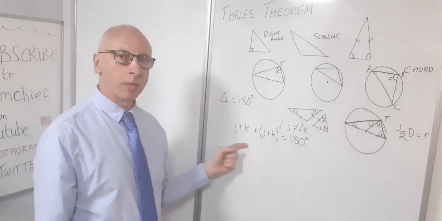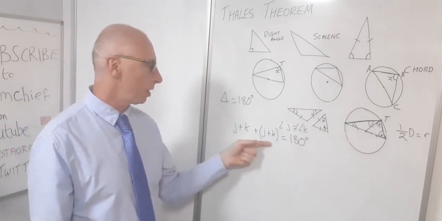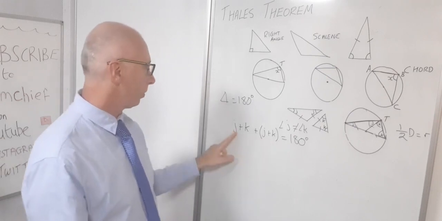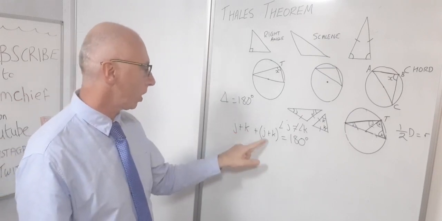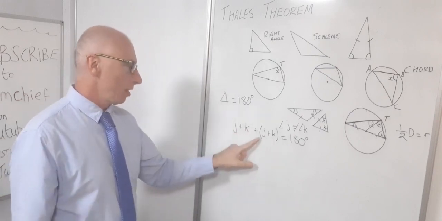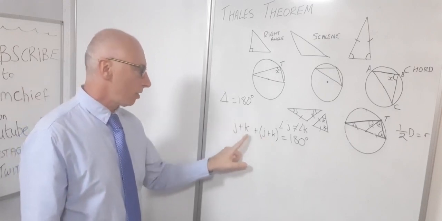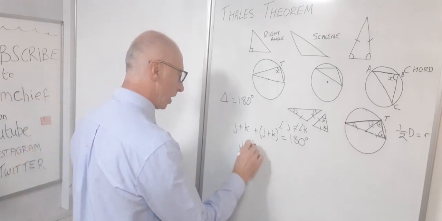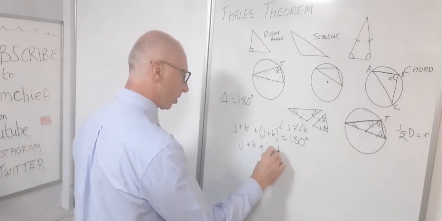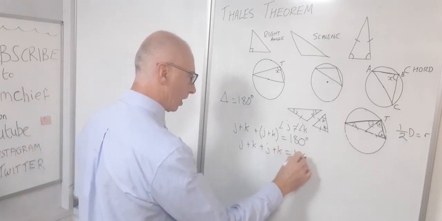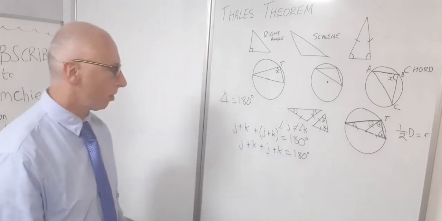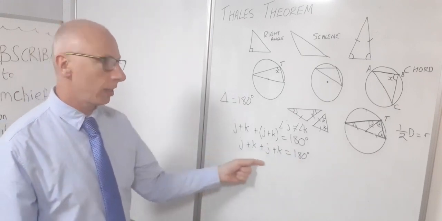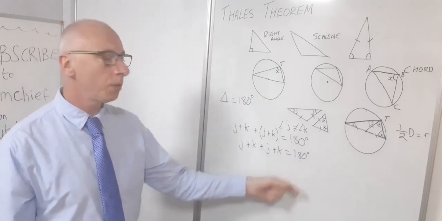Well, we can simplify this. We've gone through this before, how to simplify an equation. We've got J plus K plus J plus K. The brackets we can just remove, and we can write J plus K plus J plus K equals 180 degrees. That's not changed the equality of the equation at all.